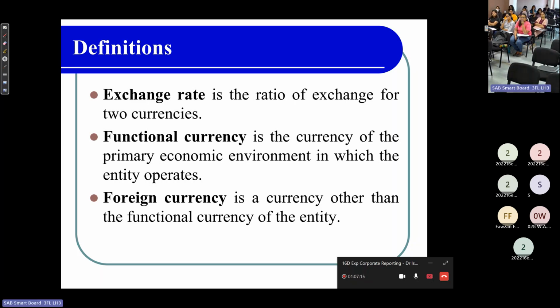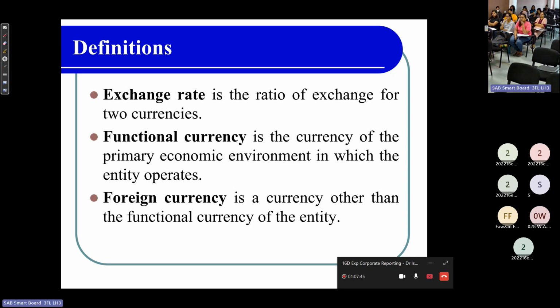If that economic environment operates with US dollars, the functional currency would be US dollars. A good example is Haley's fabric. Haley's fabric is located in Sri Lanka, but its economic environment uses US dollars.